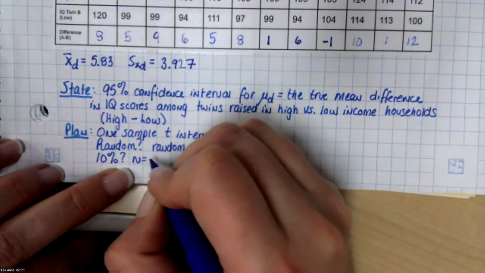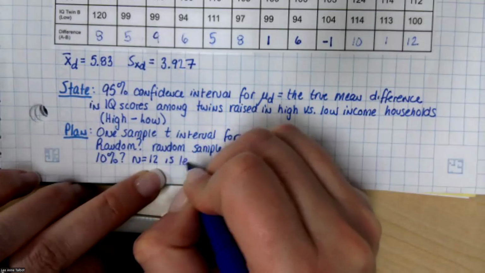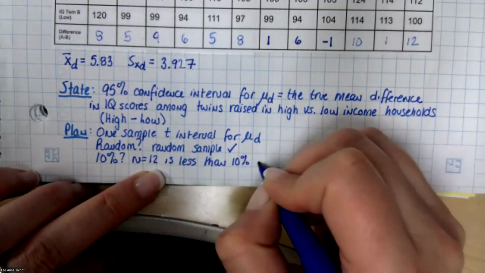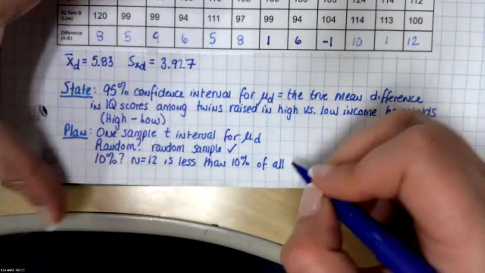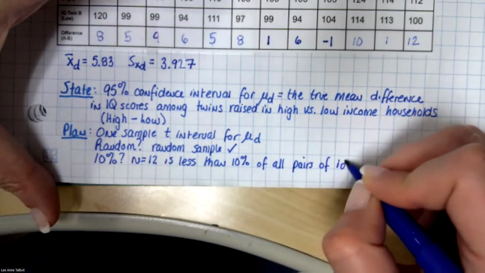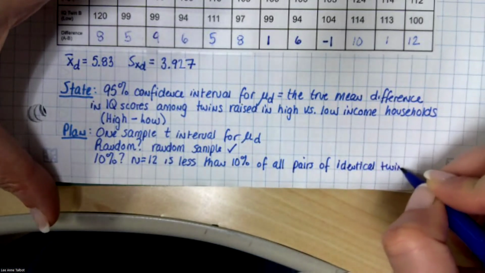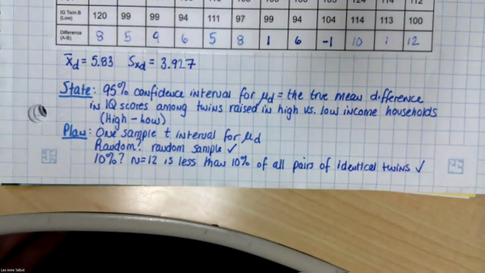N equals 12 is less than 10% of all pairs of identical twins. Okay, and then I'm going to do large counts on the other side on purpose.